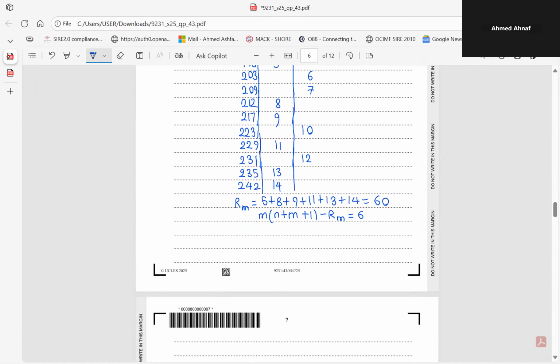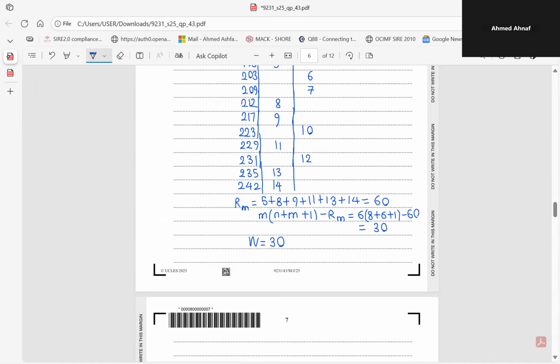So 6 times 8 plus 6 plus 1, minus 60. You get 30. So W is going to be the smaller of these two. So W is 30. This is our test statistic.